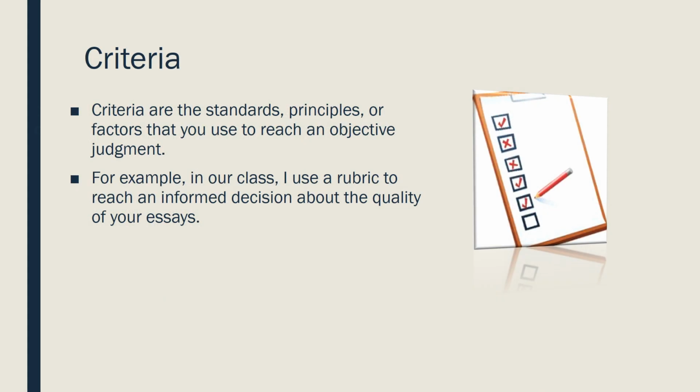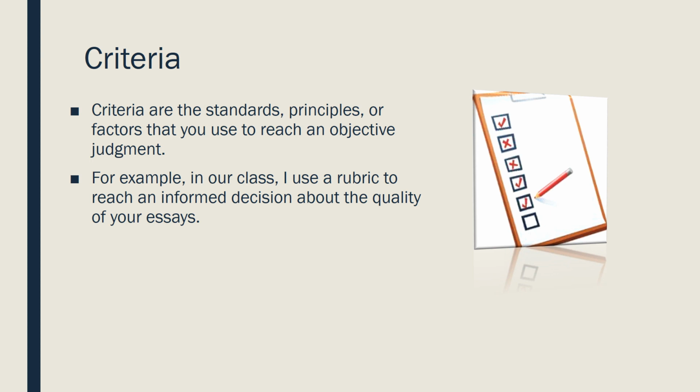Okay. So let's talk a little bit about criteria, and I think this is really important when we're talking about academic evaluations. Criteria are our standards or our principles or factors that we use to reach an objective judgment.